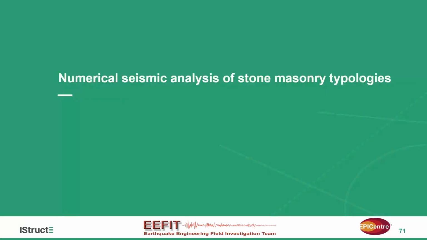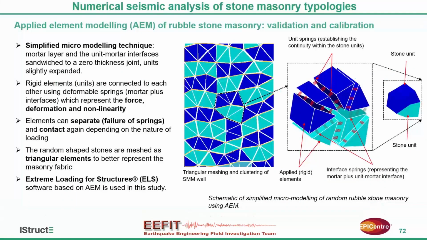Now I will present the results of the numerical modeling and analysis of these two typologies. Before that, the modeling tool we have adopted is the applied element method, in which we have followed a simplified micromodeling technique.